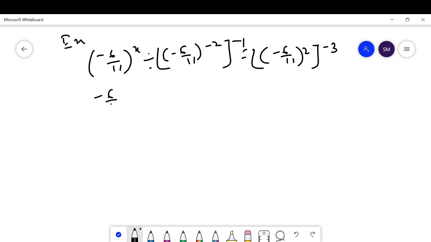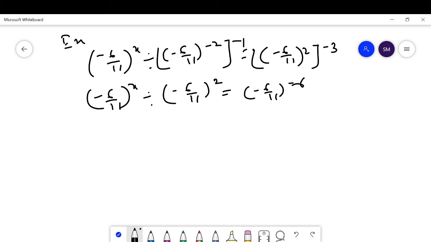Here (-6/11)^x divided by (-6/11)^(-2), into -1, 2, equal to (-6/11)^(2 into -3), which is -6.